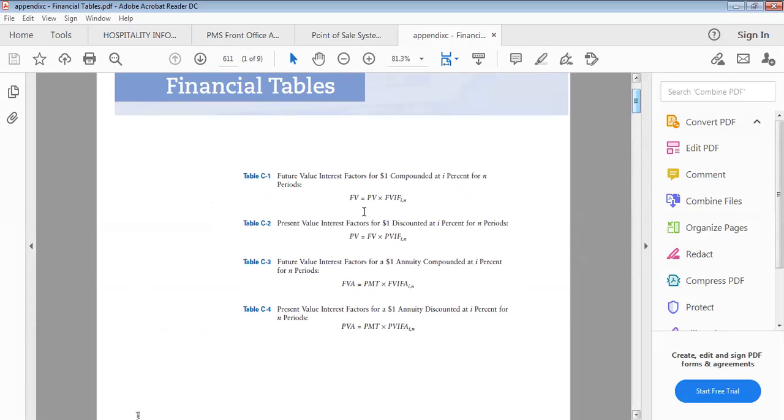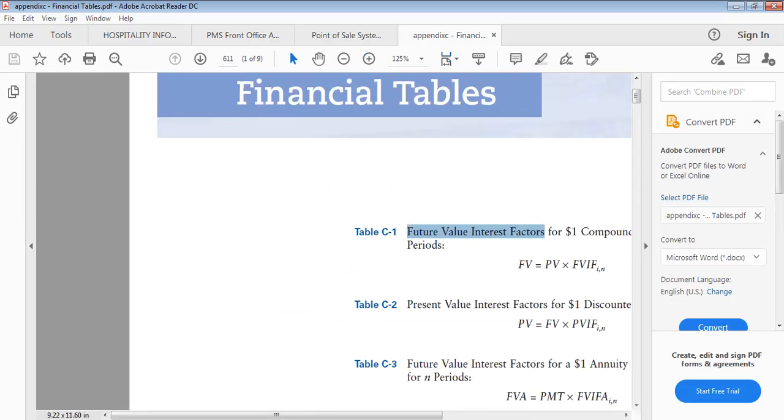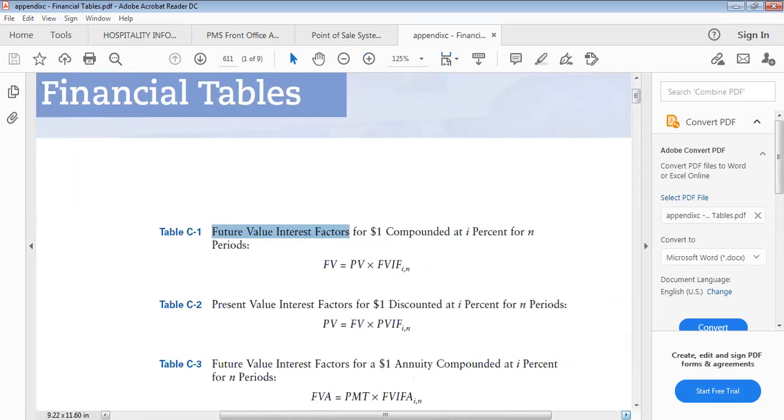You have different financial tables. You have future value interest factor for $1 compounded at I% for N periods. You have present value interest factor for $1 discounted at I% for N periods, and then you have future value interest factor for a $1 annuity. However, we are focusing on this one, future value interest factor for $1 compounded. That's what we're looking at.